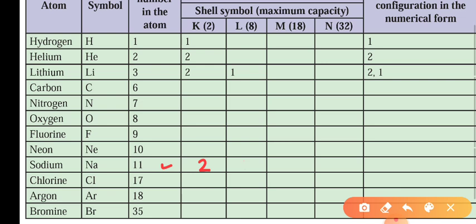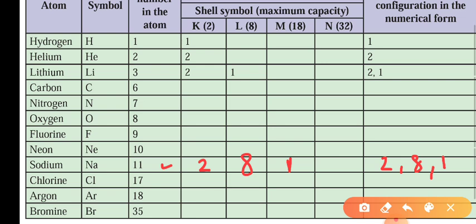Only 8 can be held in this. After that, 8 plus 2, 10. But we have 11. So still how many are left? 11 minus 10, only 1 left. So the third shell will have 1 electron. So the electronic configuration for it will be 2, 8, 1.